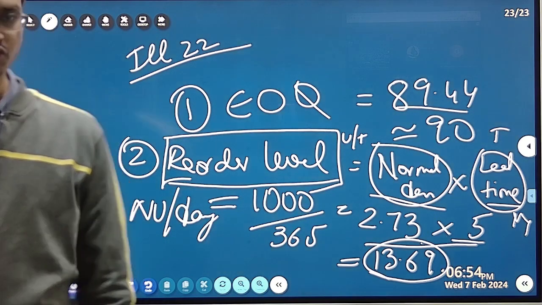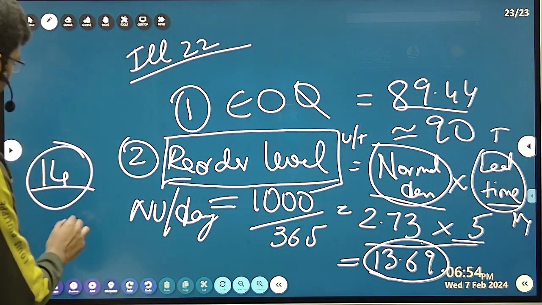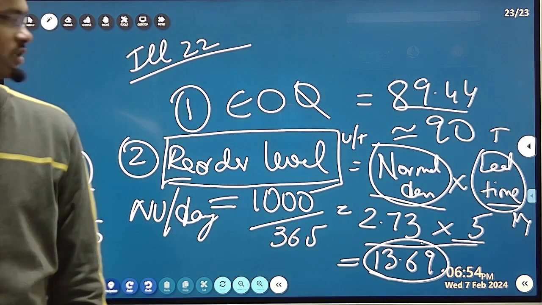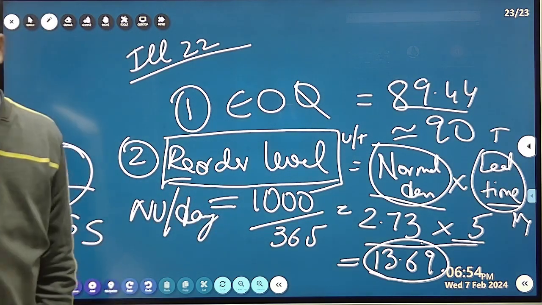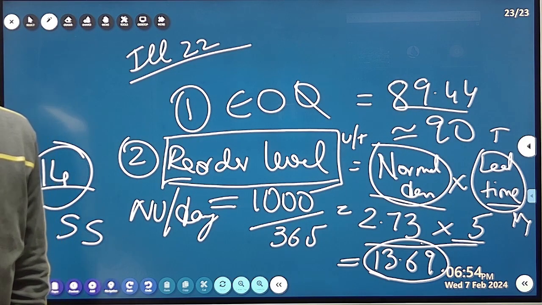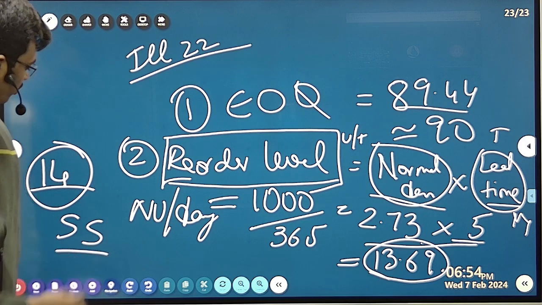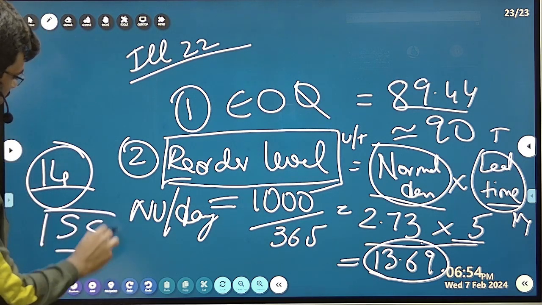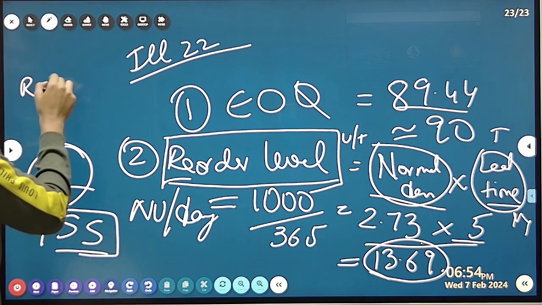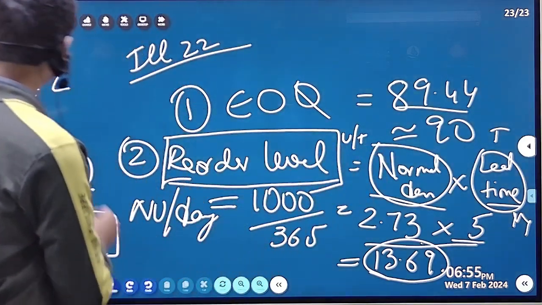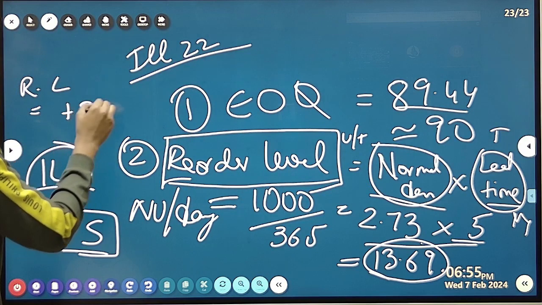Okay? So in some problems he will give a safety stock also. So that means this is playing it to the neck, right? So you are waiting for 14, you have 14, you order. What if something goes wrong? You don't receive. So for that purpose, you will have a safety stock. So in that case, your reorder level will be the same normal usage into your lead time plus safety stock.